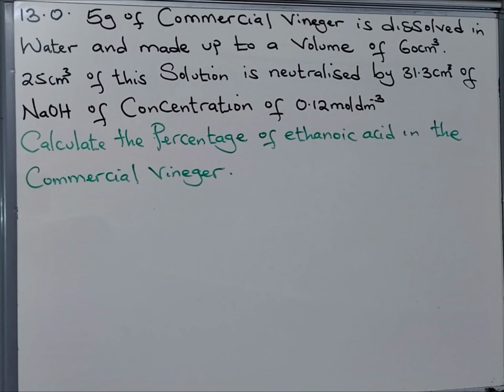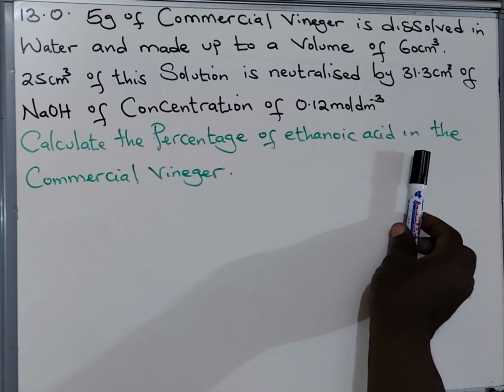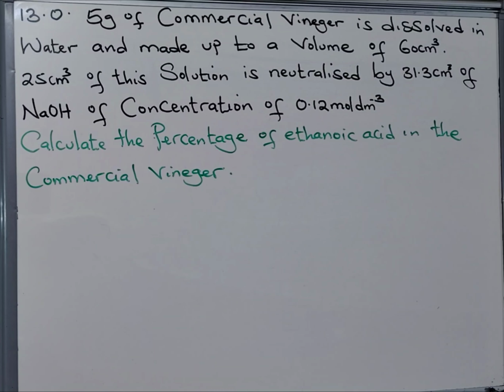Now the question says, calculate the percentage of ethanoic acid in the commercial vinegar. We all know that within vinegar, one of the components is ethanoic acid, or acetic acid, as some people call it.